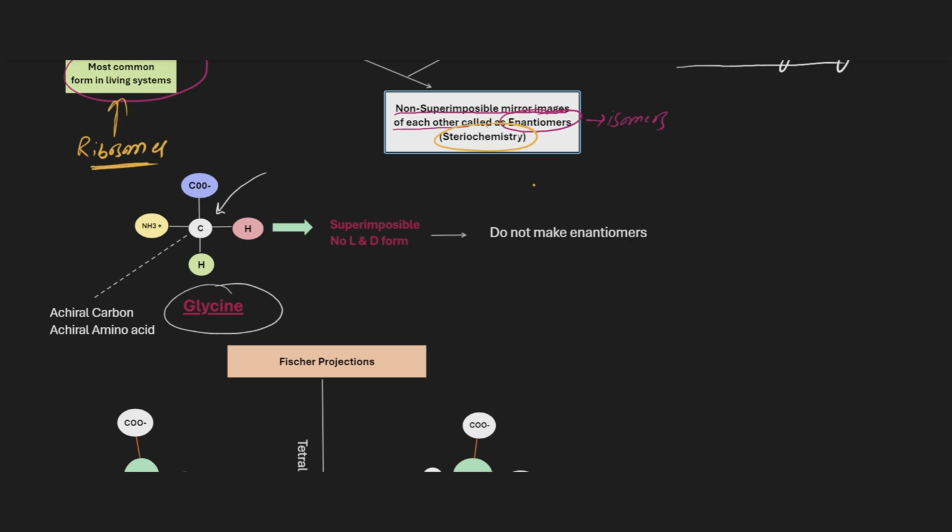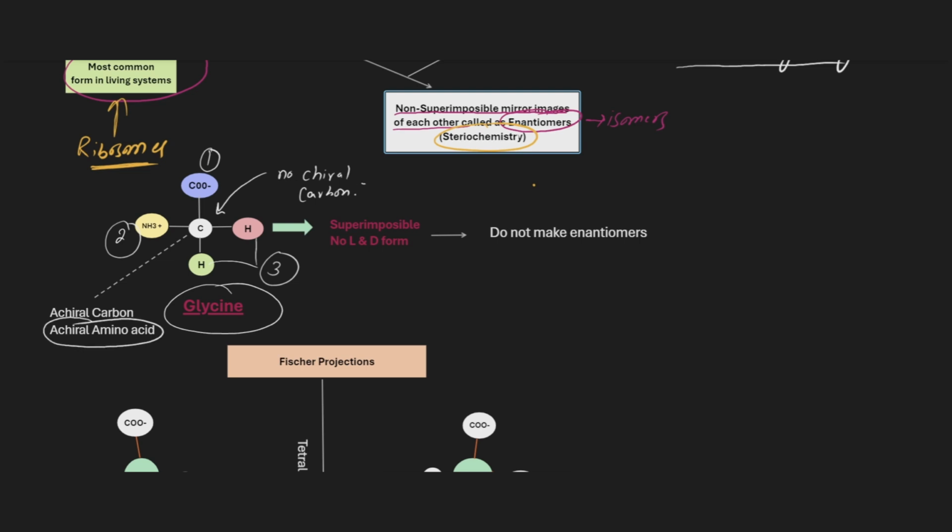It is attached to only three different types of groups. One type is the carboxylic group, the second type is the amino group, and both these groups are basically the same. So this is the third type of group it is going to attach. So as its chiral carbon is not present in the case of glycine, no chiral carbon is there. So that's why it is called an achiral amino acid.